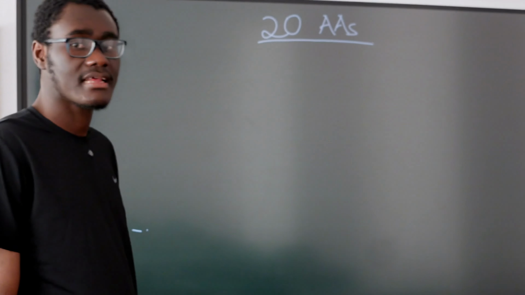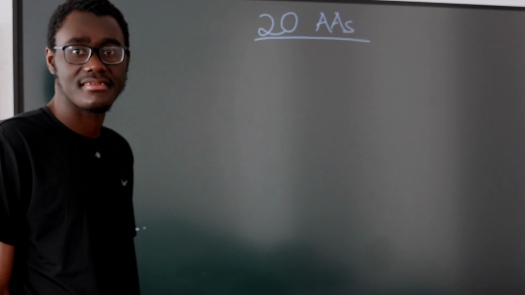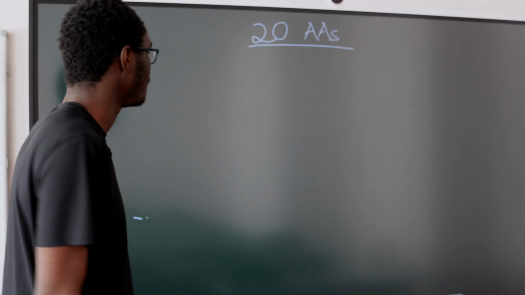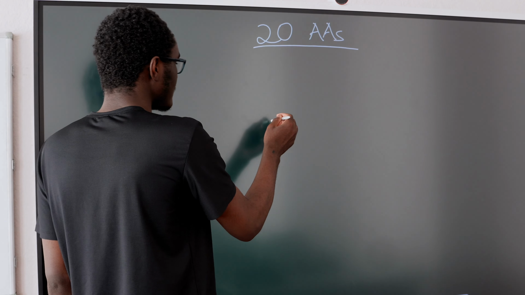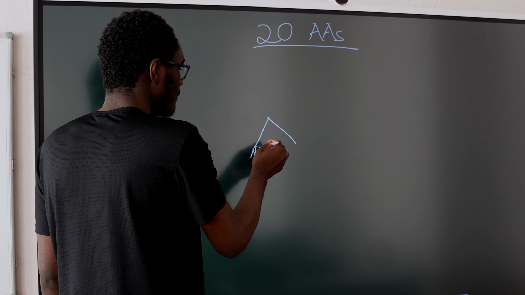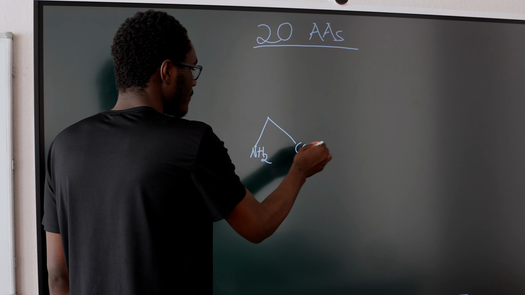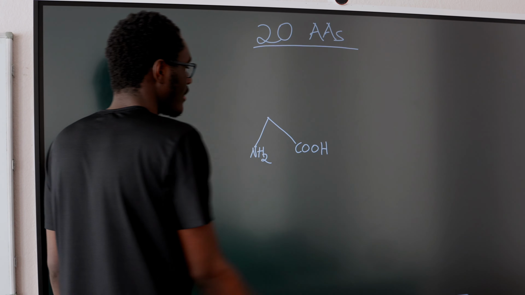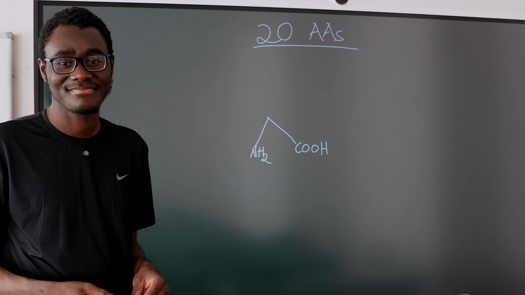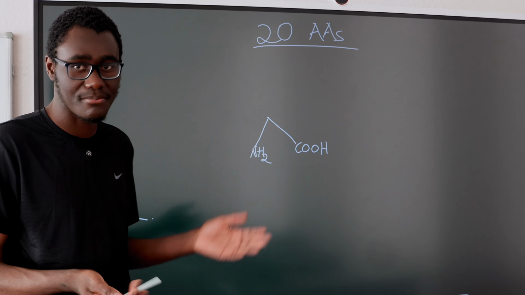So now we'll be talking about the next amino acid, which is valine. As the name implies, valine, it starts with a V. So if you want to draw the amino acid valine, as you do any other amino acid, start with the base, amino group, and carboxylic acid group. It is valine because you can assume it has a V shape.